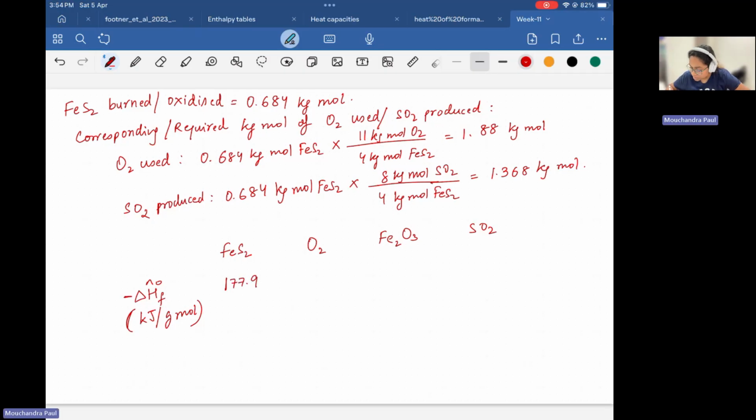Remember there is a minus sign, so when we do the further calculation, we have to incorporate this minus sign in front of the value.